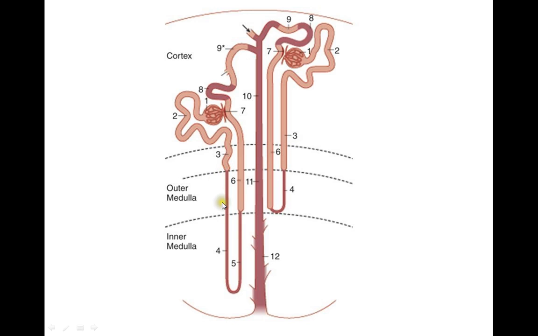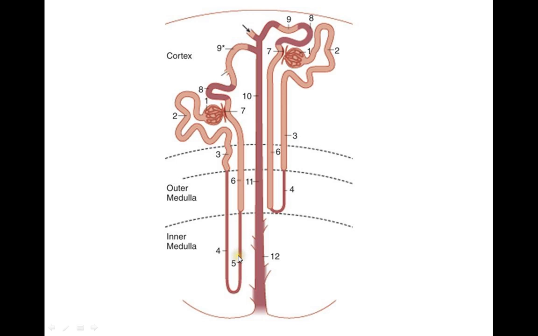So we may call this nephron a long loop nephron. So a long loop nephron is a nephron with a long loop of Henle. On the other hand, we may call this nephron a short loop nephron because its loop of Henle is shorter compared to the long ones.